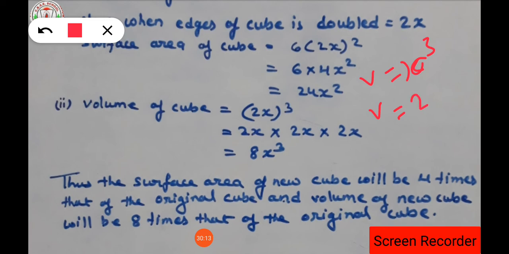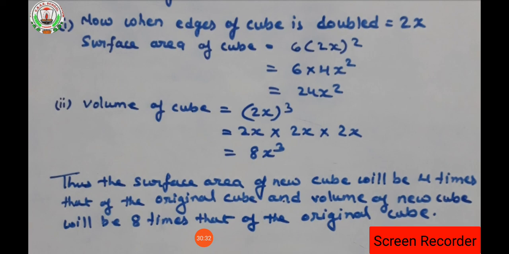In place of x we are going to double it, so it will be 2x the whole cube. So 2x into 2x into 2x will be 8x cube. So the volume of the new cube will be 8 times that of the original cube.